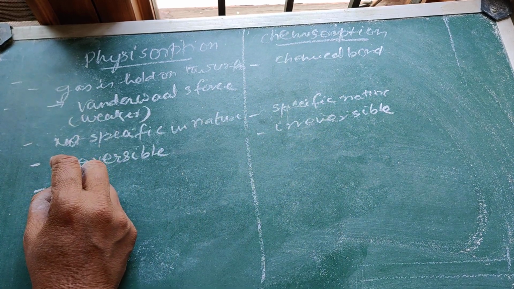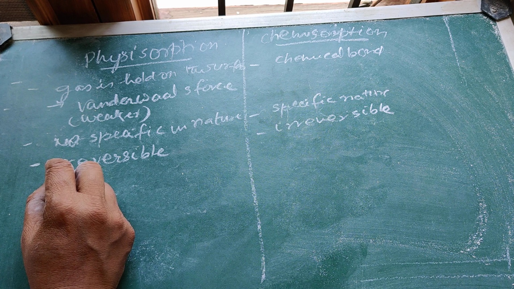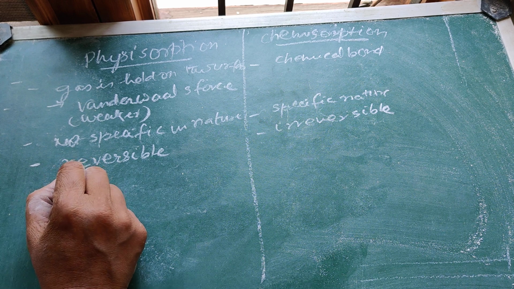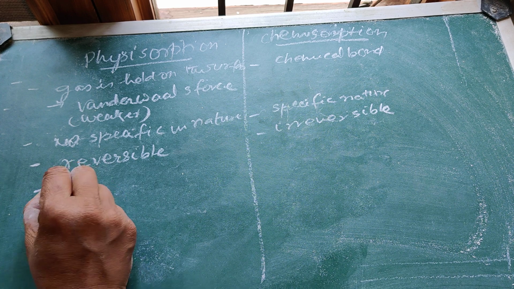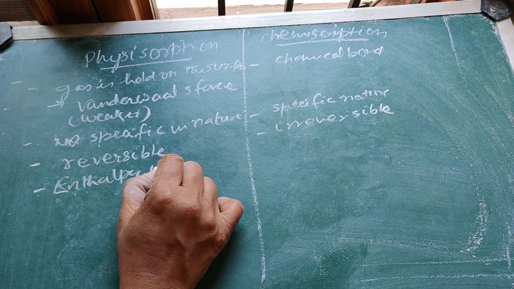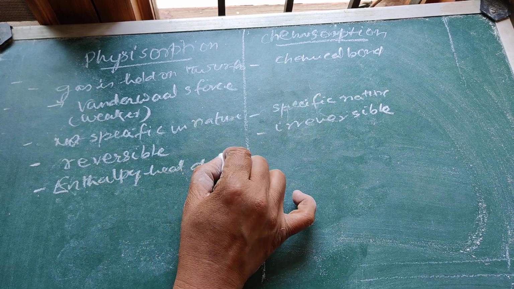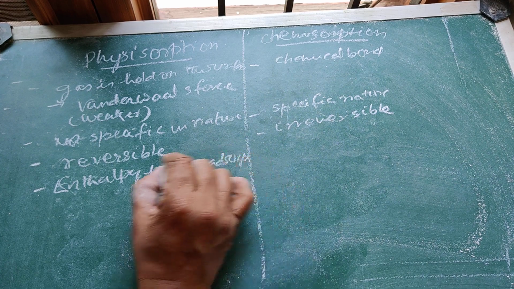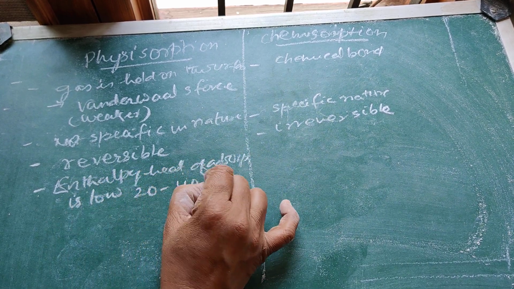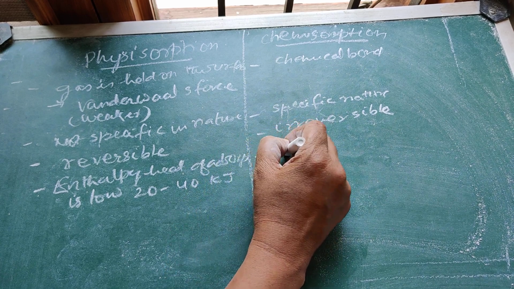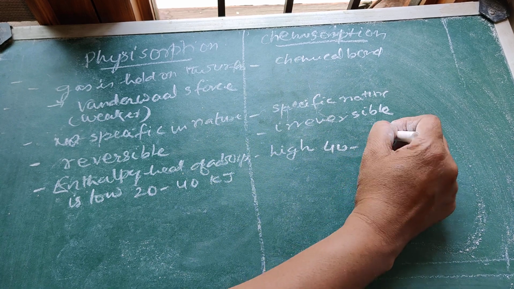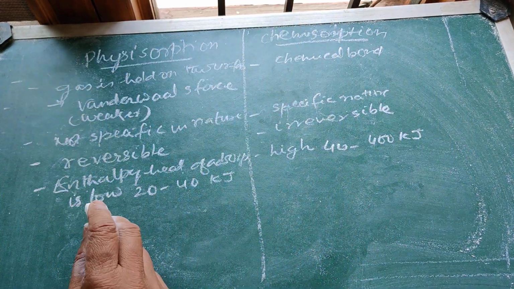Then the enthalpy of adsorption is low in physisorption, only 20 to 40 kilojoules, whereas in chemisorption it is high, 42 or even 400; it is always high.